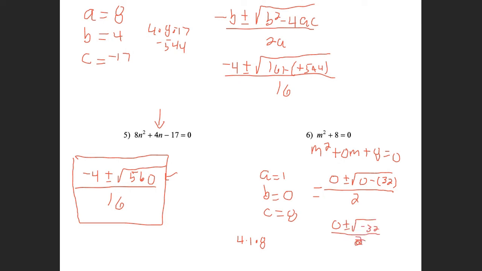And since negative 32, there's no square root of a negative number, we just leave it just like this. That's all I'm looking for. Okay? So that is what we're dealing with this week. We're dealing with solving a quadratic using the quadratic formula.